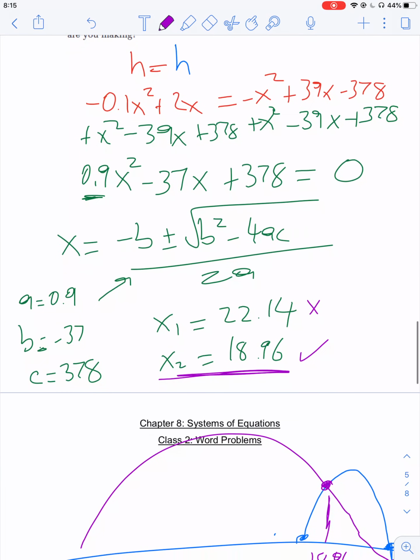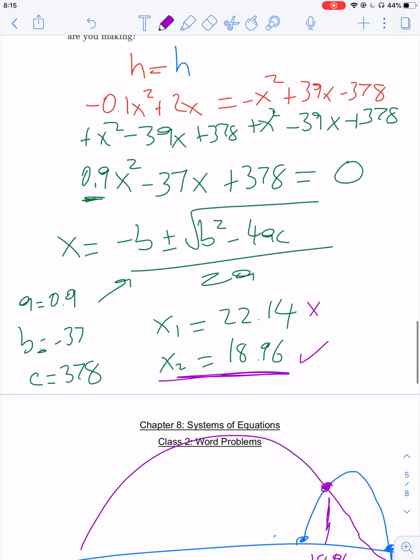Again, you can use any function, okay? I'm just going to use this one because it will save me some time. So let me just do that, and then you guys can finish this off on your own. So minus 0.1, I'm going to replace x by 22.14, and I have to square that, and then plus 2 times 22.14.